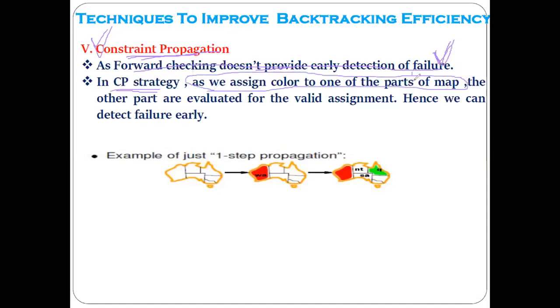We assign color to one part of the graph, any part, and then we evaluate the other part of the graph or the map for valid assignment. Understood? Let's see how we can do it.